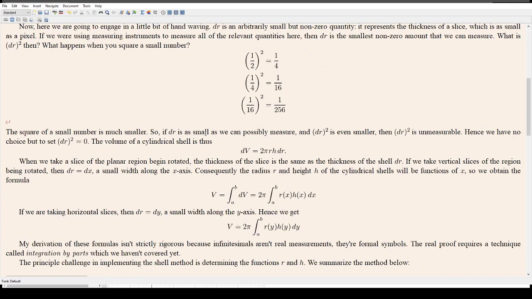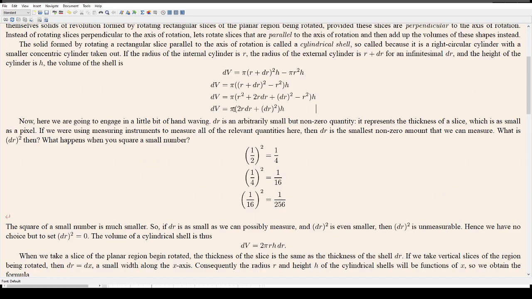So if dr is as small as we can possibly measure, then dr squared is going to be vastly smaller, so smaller that we can't possibly measure it. So we have no choice but to say that dr squared is 0, right? We can't possibly measure it, so either we assign it an arbitrary value, or we just say it's 0. Well, that's what we're going to do here.